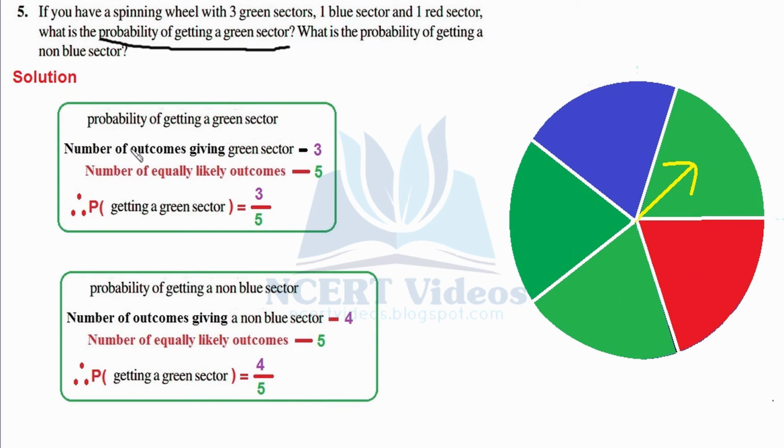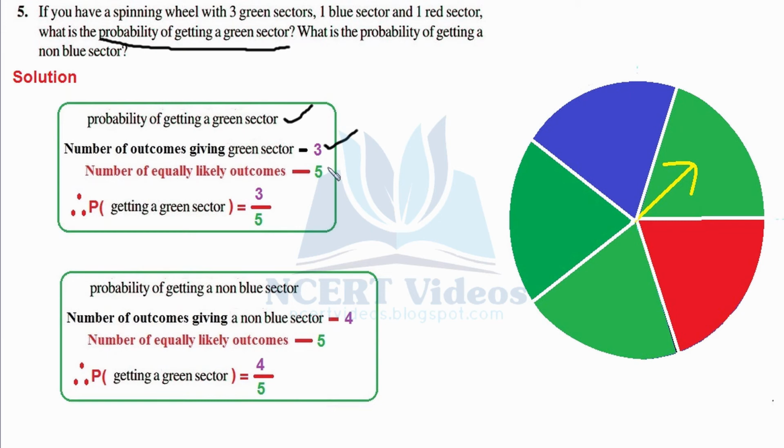Well, let's write it mathematically. So we write probability of getting a green sector. It should be number of outcomes giving a green sector. We have 3 instances, 1, 2, 3, because we have 3 sectors which are green in color. So we wrote 3 for that. Number of equally likely outcomes: when we spin it, we do not know, because we do not have any control over its rotation. Wherever it stops, that will be a particular outcome, and it could stop in any of these 5 sectors.